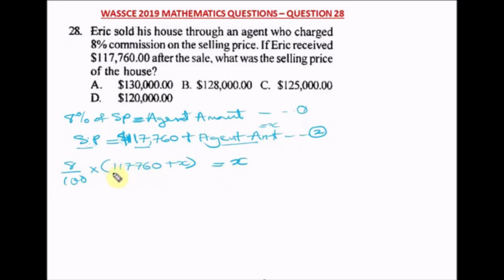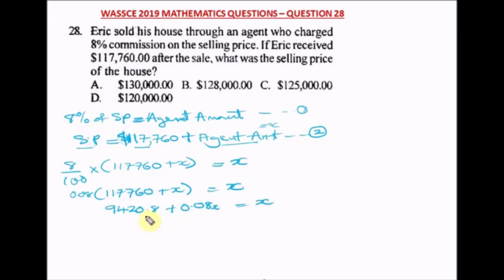Is that not it? In opening up the bracket, 8 divided by 100 is 0.08, bracket 117,760 plus x, equal to x. Opening up this bracket, this times this will give us 9420.8 plus 0.08x, equal to x.